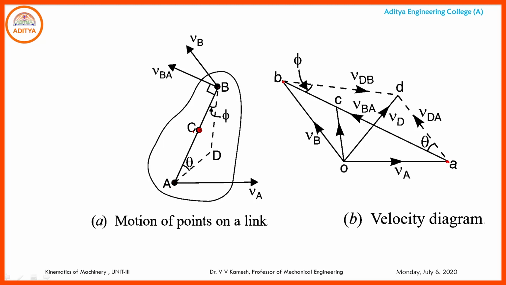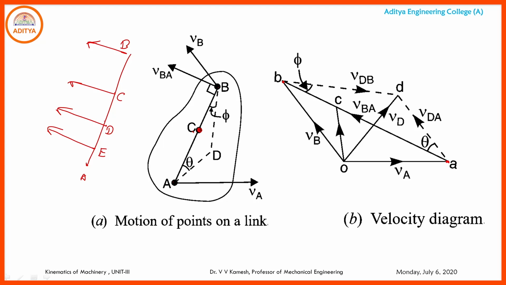That means the velocity of B with respect to A is already known, and its direction is known. And a more interesting point is, if any link is there like this, A, B, the velocities of B or C or D or E or any other point are all in parallel directions. So this will be VB, this will be VC, this will be VD, this will be VE, all parallel and in the same direction, because this is rotating like this.